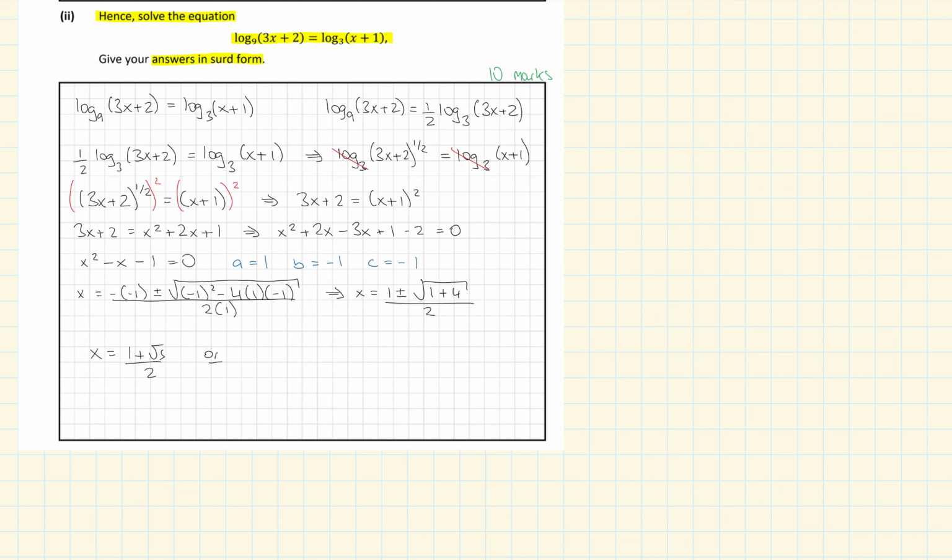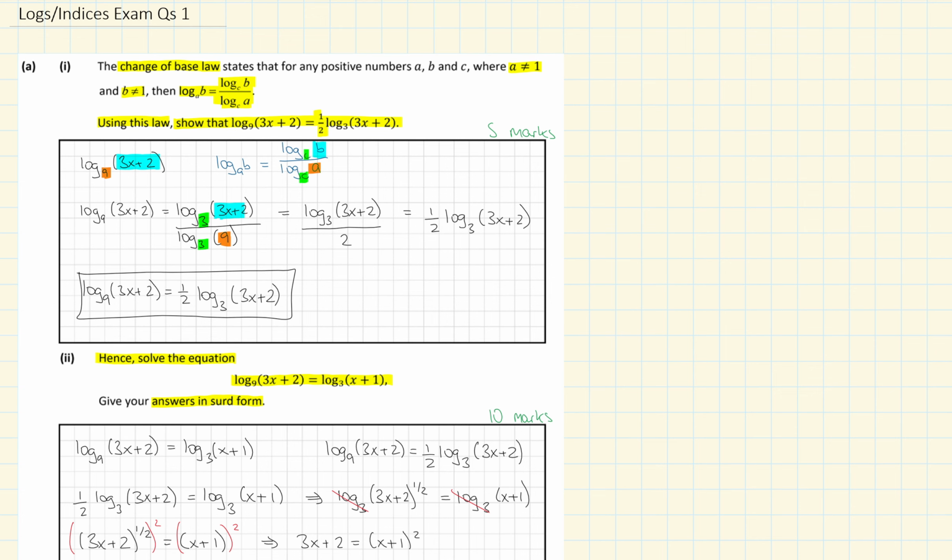And then the other way is to swap your plus for your minus. Here's my first answer, and there's my second answer. And both of my answers are in surd form. And that's us done. Part 2 for 10 marks and part 1 for 5 marks.